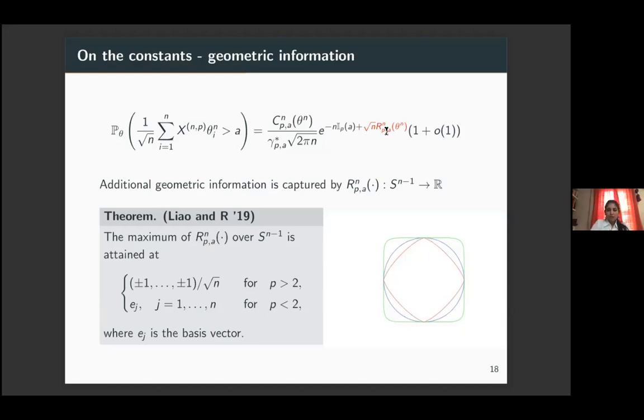And this is an interesting thing: the additional geometric information is that the maximum over the sphere is attained at the plus or minus 1 directions when p is greater than 2, and at the coordinate directions when p is less than 2. So it's the 1, 1, 1 type directions when p is greater than 2, and the coordinate directions when p is less than 2.